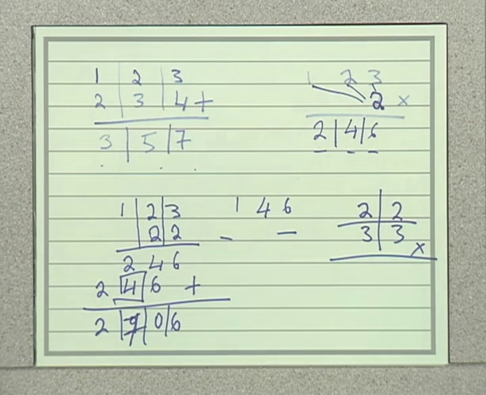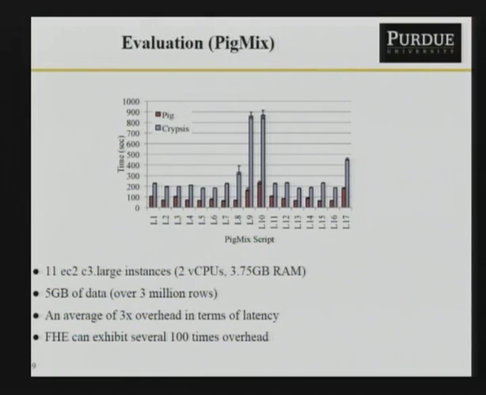All right. So moving on, how did we evaluate our system? Well, the first evaluation we did was to see how much overhead Crypsis gives compared to the unencrypted version. So we took PicMix, which is the benchmark I mentioned before, and we executed all scripts in plain text, so without Crypsis, and then we did the same with Crypsis, so the encrypted version of the data.